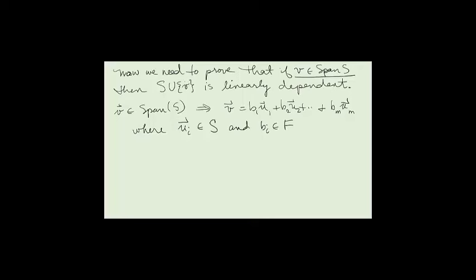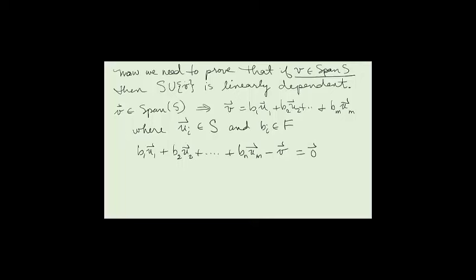Okay, well then that means that b1 u1 plus b2 u2 plus bm um, that's v. Let's subtract v minus v, then that's equal to the 0 vector. And the coefficient of v is -1.